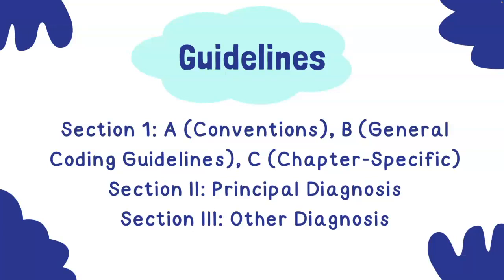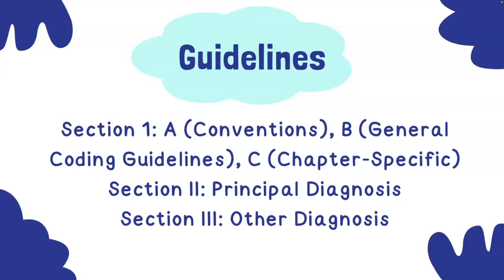And so I want to be intentional by ensuring that every scenario that we attack, before you even look up the codes, we talk a little bit about the guidelines and some sequencing, and then actually look up the codes.